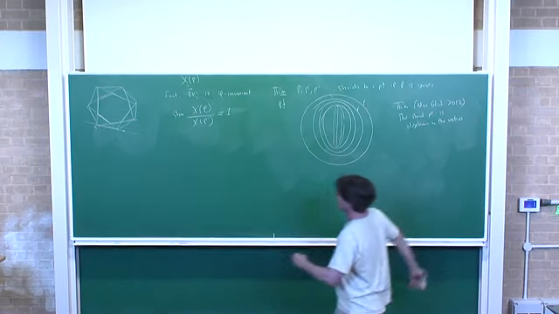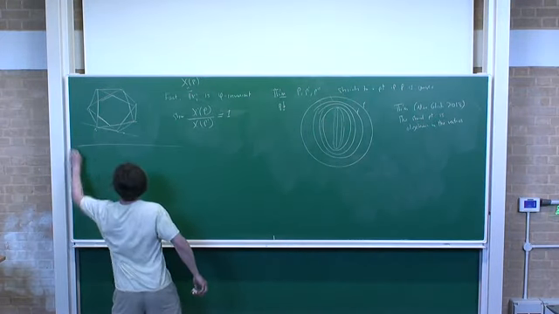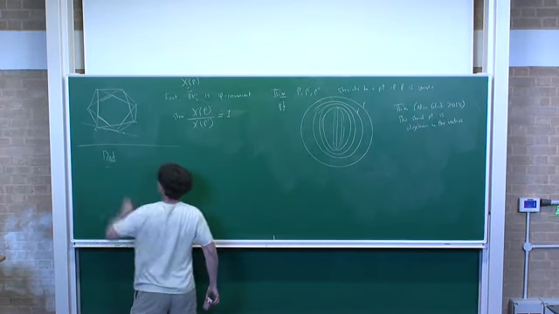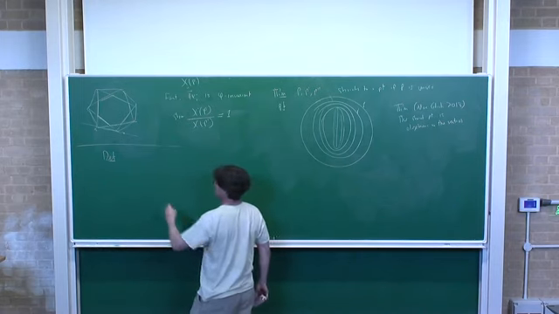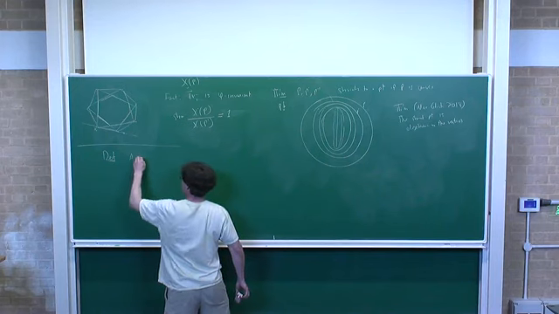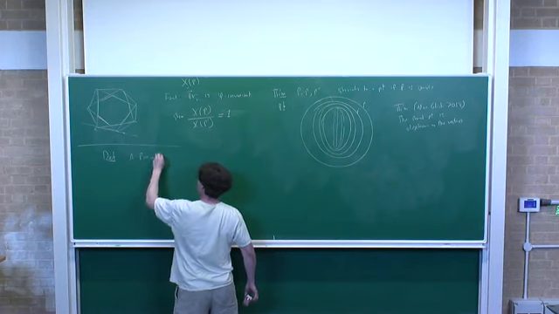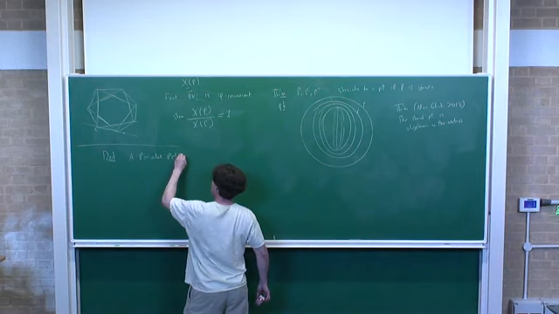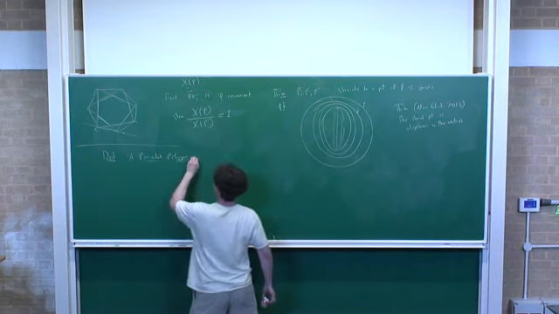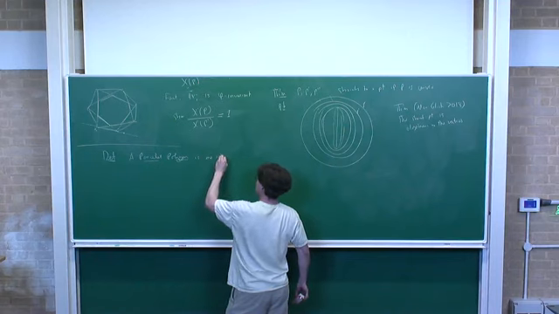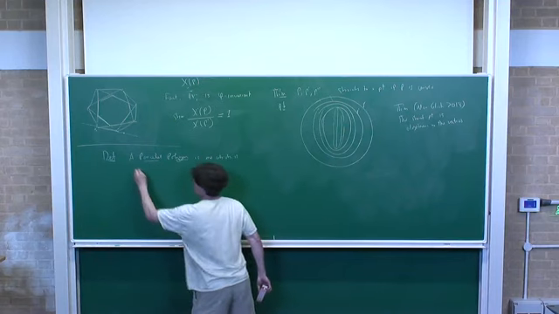So another beautiful thing about this map is a definition. A Poncelet polygon is one which is inscribed in a conic.